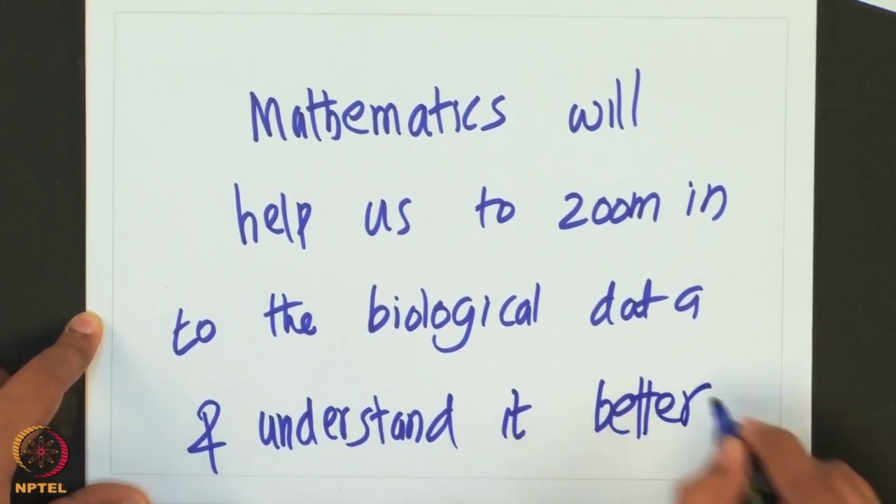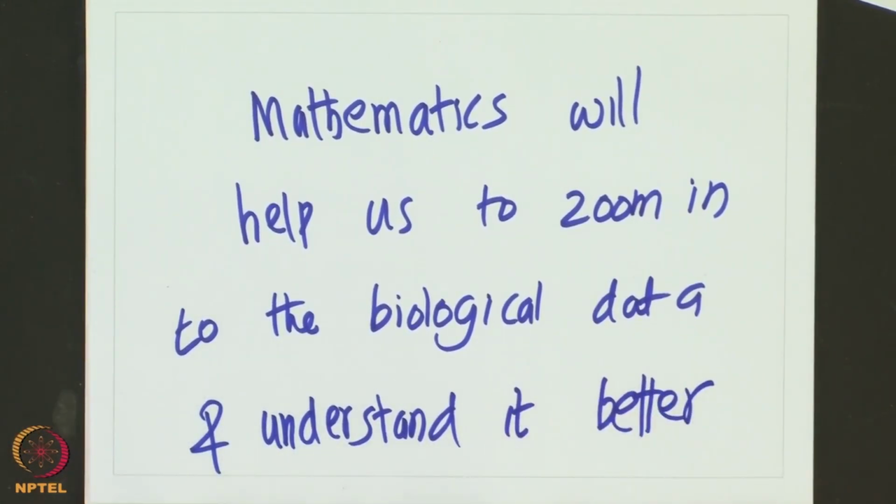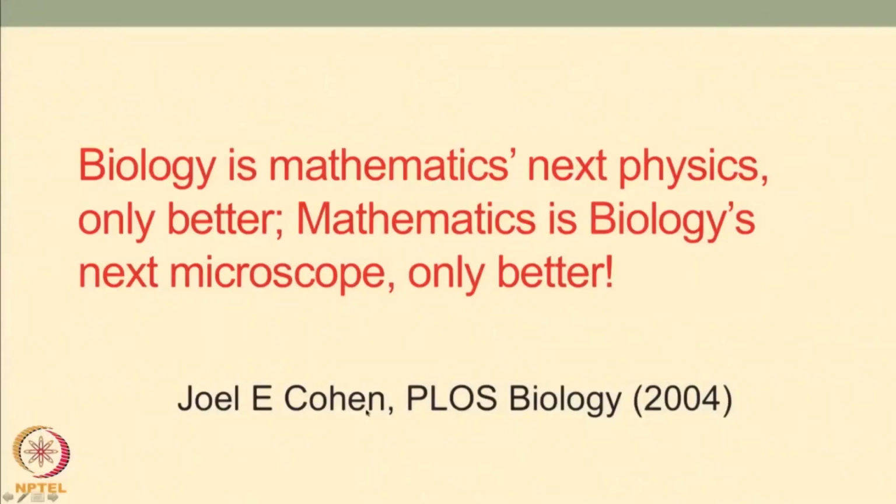That's the second part. So there are two parts. One says biology would help mathematics; that is for mathematicians. But for biologists, it says that mathematics is like the next microscope that would revolutionize knowledge. So this is an interesting article written by Professor Joel Cohen. I suggest that you Google search these precise words and read this article.